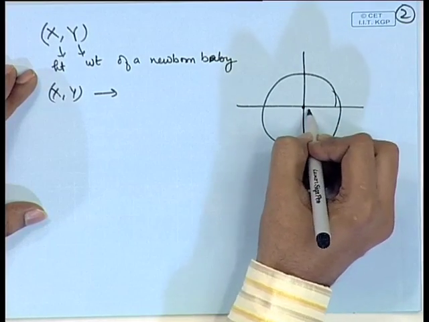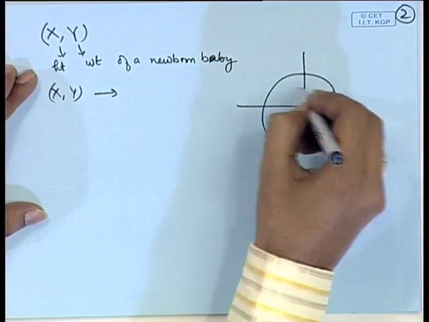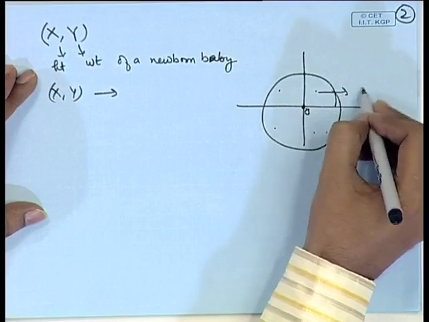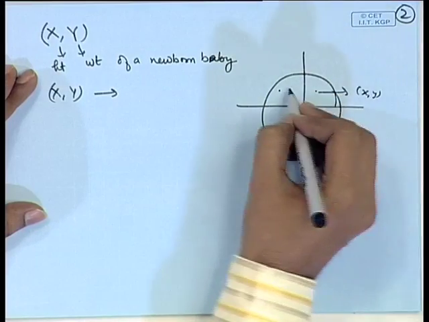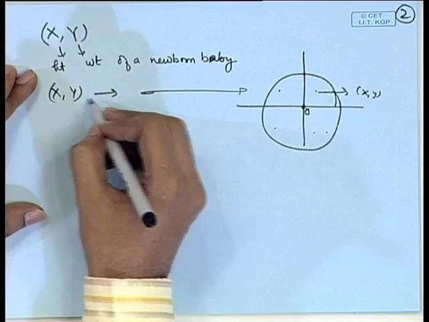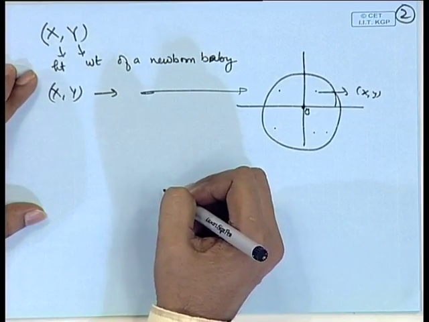Suppose this is the target, we consider it as origin and the dart may hit anywhere. So, the coordinates (x, y) of the dart hitting may be considered as a jointly distributed random variable.